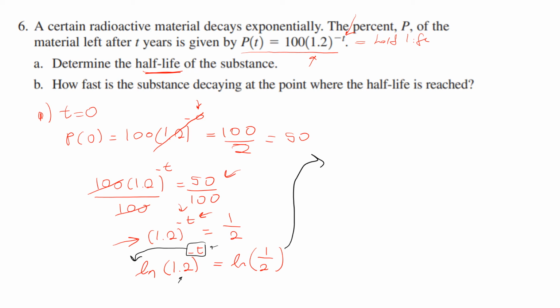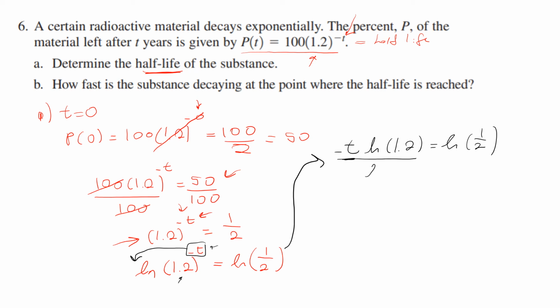So if we do that, we're going to end up with negative t ln 1.2 equaling ln 1/2. Now that I have my t, it's so much easier to find what my t value is, because I can leave this alone now.